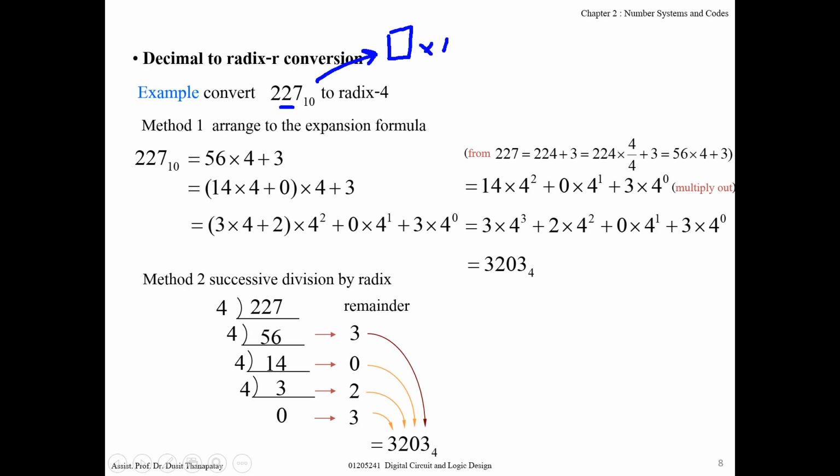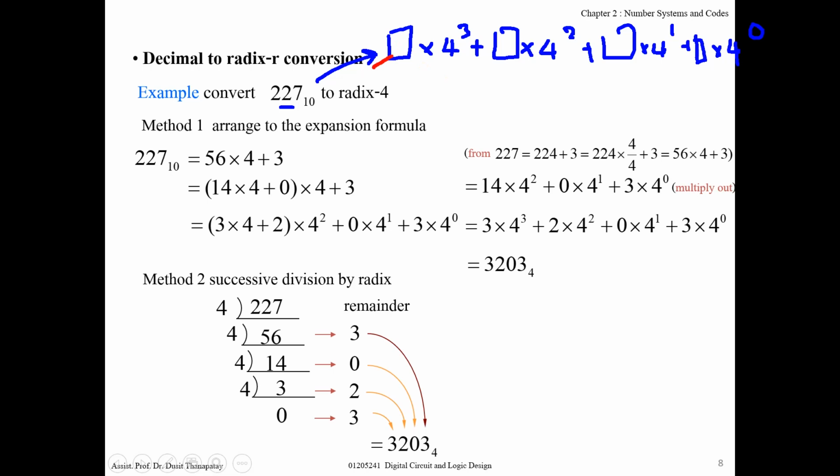Namely, for example, 4 to the power of something, multiply 4 to the power of 2 plus 4 to the power of 1 plus 4 to the power of 0.